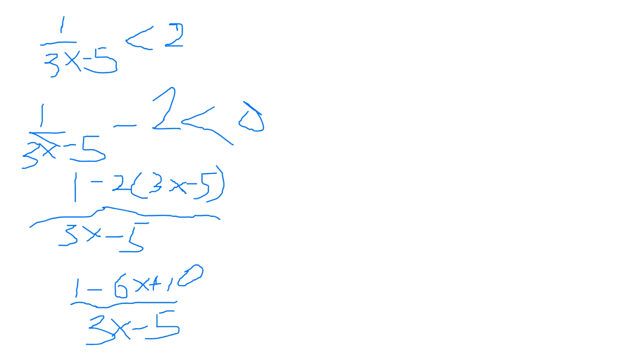Then I will simplify. When I simplify, I will get 11 minus 6x divided by 3x minus 5. Please don't let us forget that it's strictly less than 0.